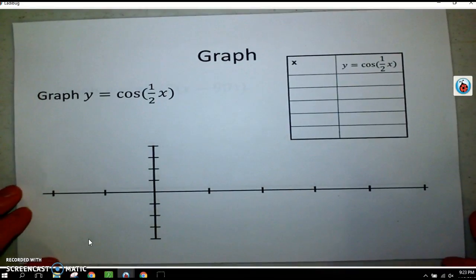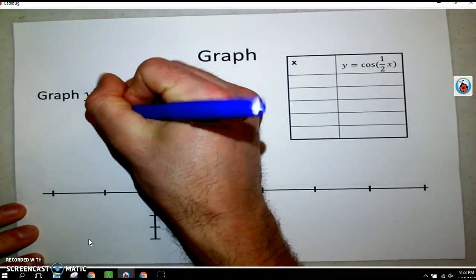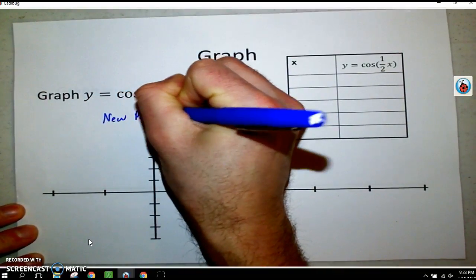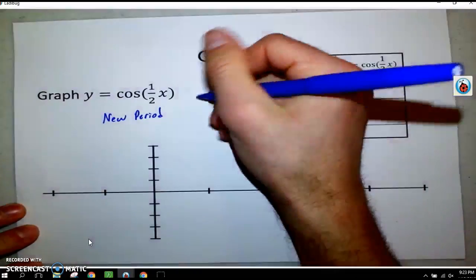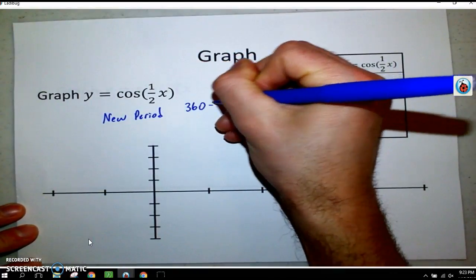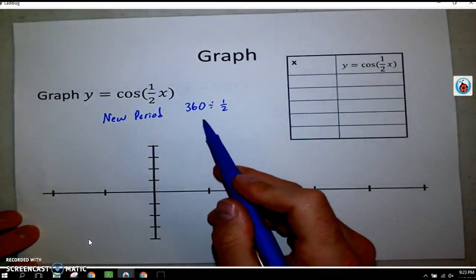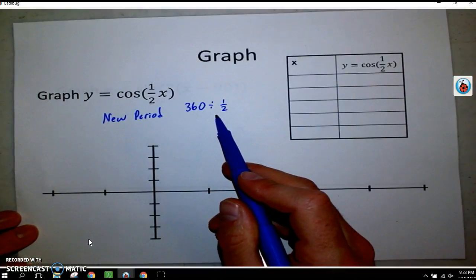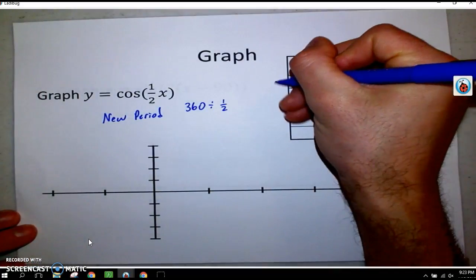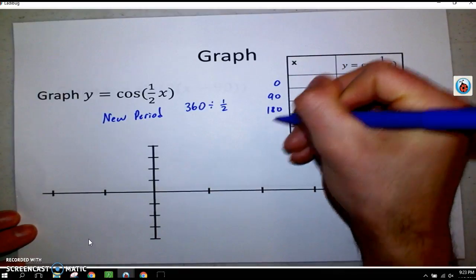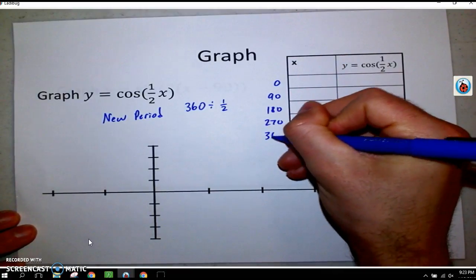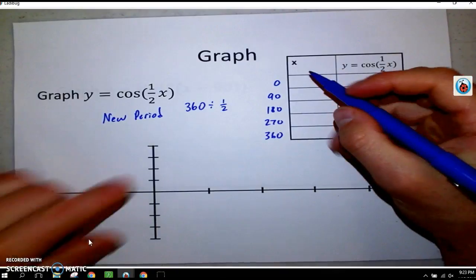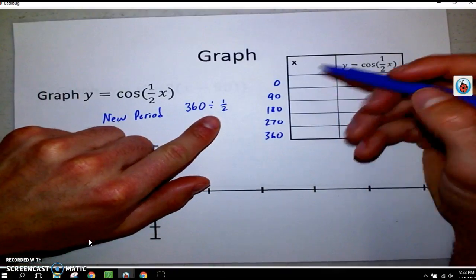All right, next one. I've got cosine of 1/2 x. So I have a new period. All right, and that new period will be 360 divided by 1/2, which essentially means times 2. So again, if I think of my original values that I'd have here for x, 0 through 360 by 90s, this time all of them are going to be times 2.